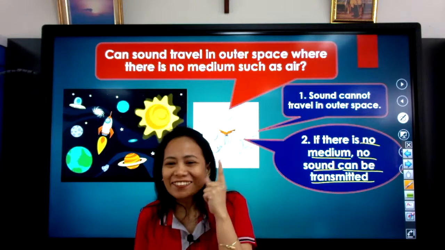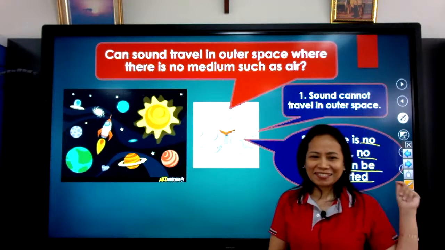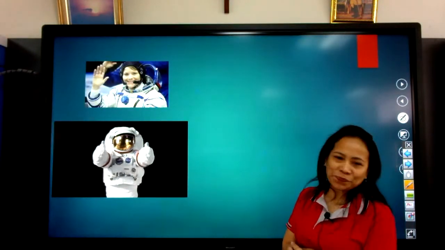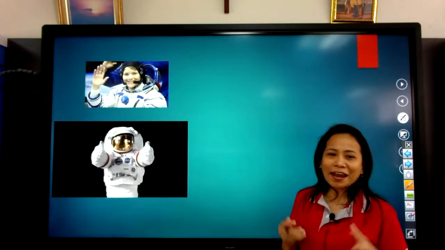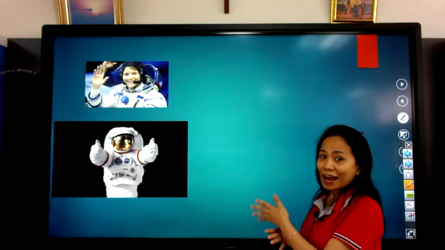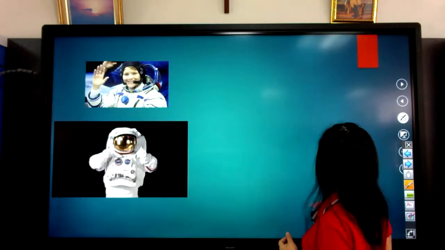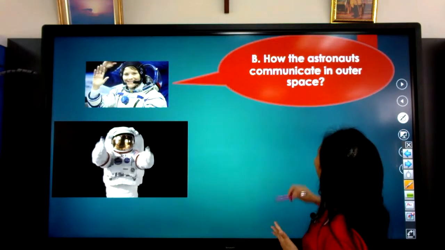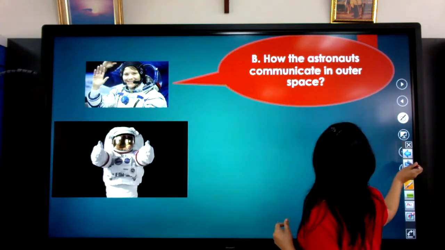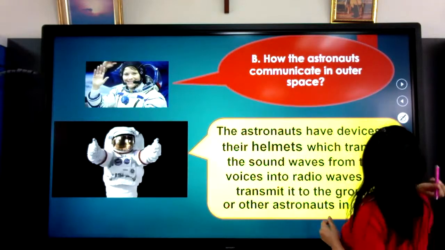Wow. Okay, very smart. Yes, the radio waves. This is how they transfer. So astronauts have a special suit to hear the other astronaut as they are talking or communicating with each other. Okay, so how do the astronauts communicate in outer space? The first is they have a device.